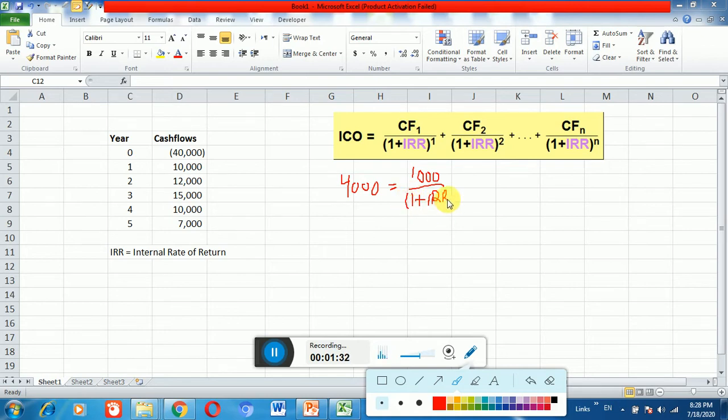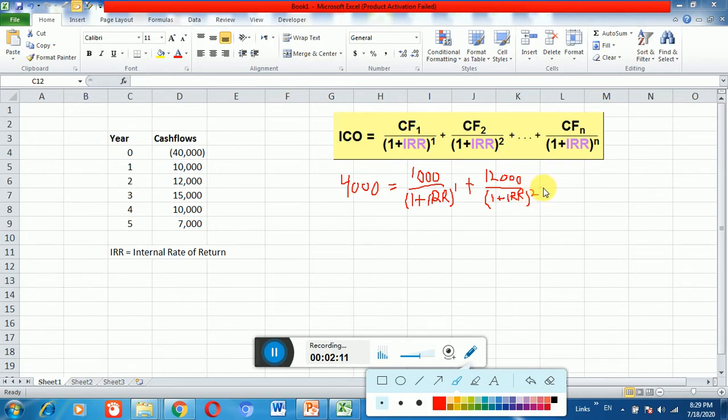This is after 1 year. Then plus the second cash flow, CF2, that is 12,000, divided by 1 plus IRR raised to power 2.